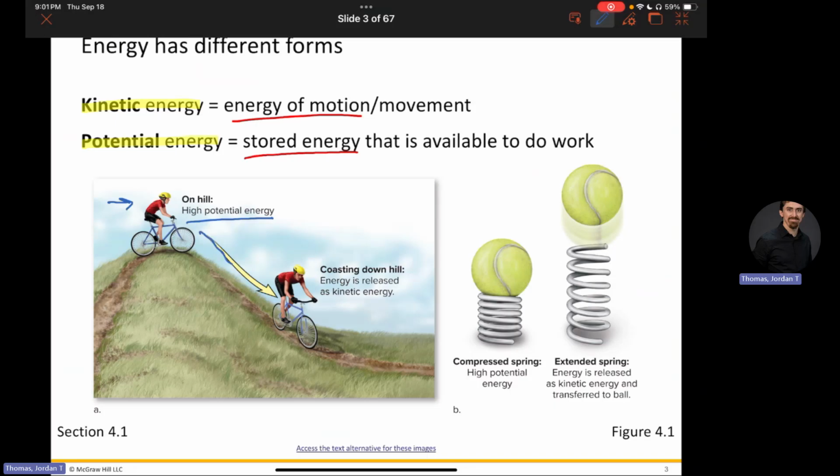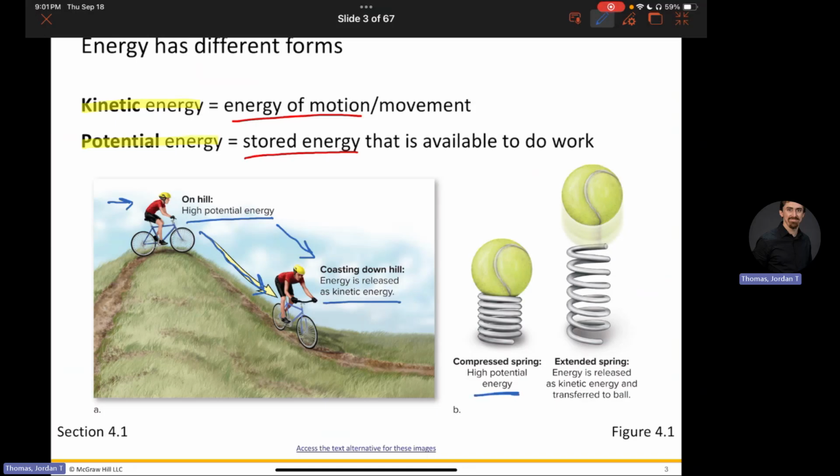Once he goes down that hill, he is moving again. At the bottom of the hill, the bicyclist is going off. He is riding on his bike, going fast. Now he has energy in motion, which is kinetic energy. So that potential energy is being transformed into kinetic energy. And the same with the spring example on the right. We have a compressed spring that has high potential energy.